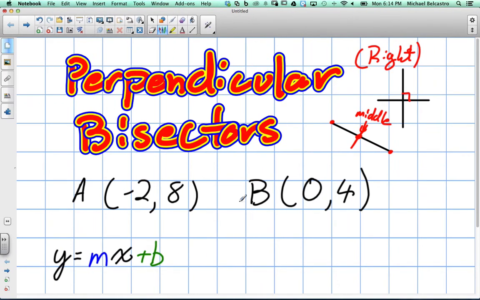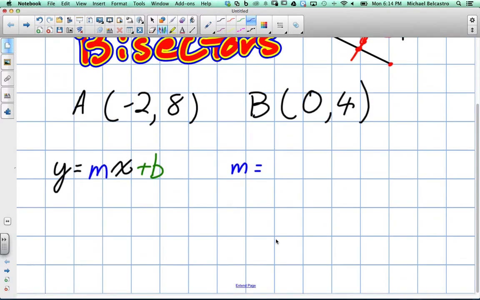Okay. So first thing we want to deal with is our m. M deals with slope. Do you remember the equation for slope? Y equals mx plus b. That wasn't it, that's the line. Maybe this will give you a hint. If I call this x1 and y1, and this x2 and y2, do you remember the equation?